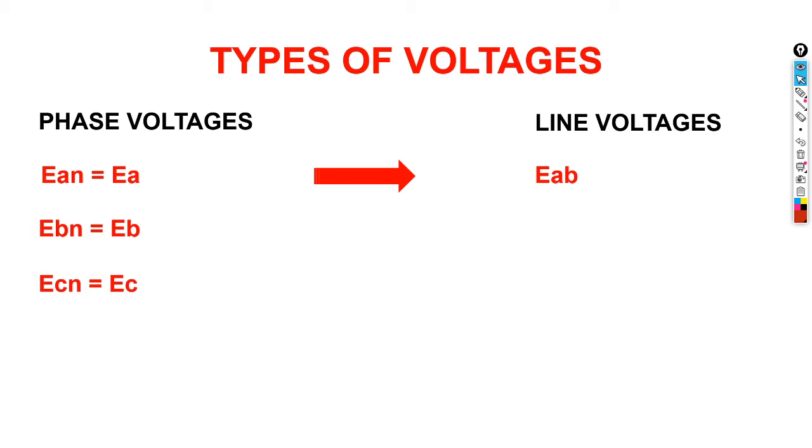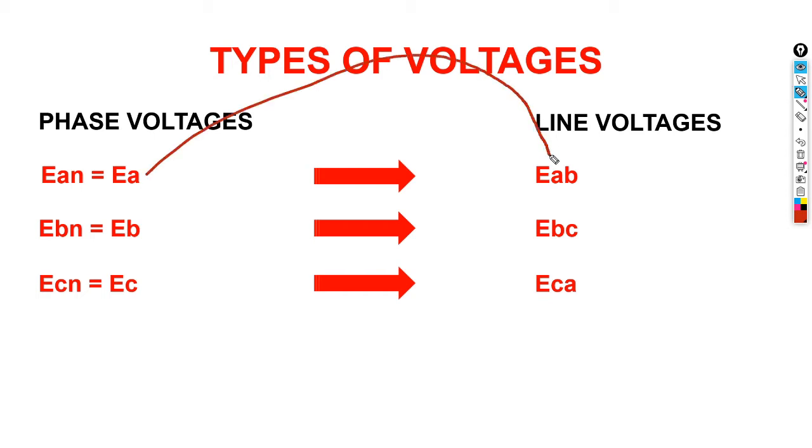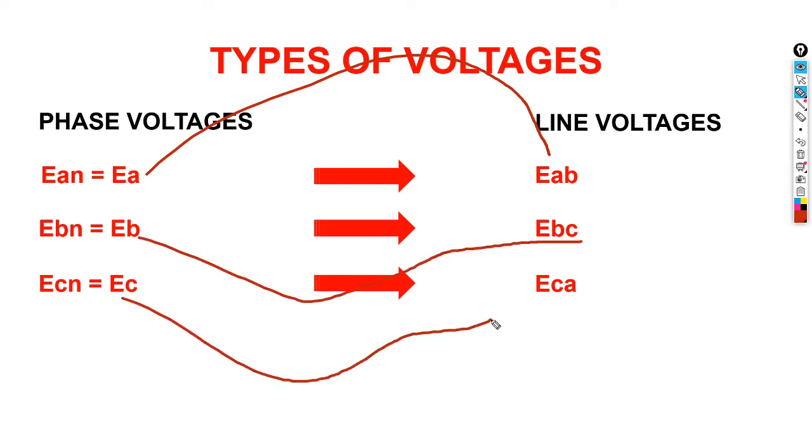When you talk about phase voltage B, the corresponding line voltage is BC. When I talk about phase voltage C, the corresponding line voltage is CA. So what does that mean? Every time I talk about a phase voltage A, I must have a corresponding line voltage AB. For B, the corresponding voltage is BC. And for C, the corresponding voltage is CA.